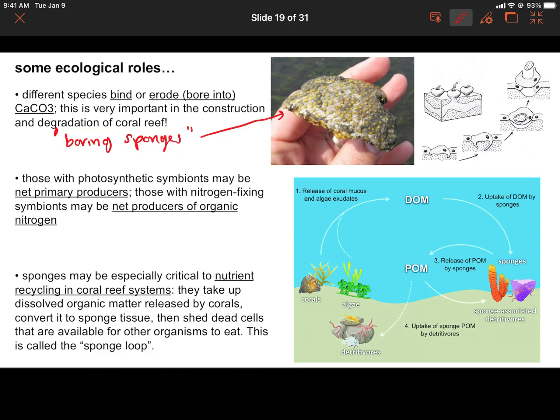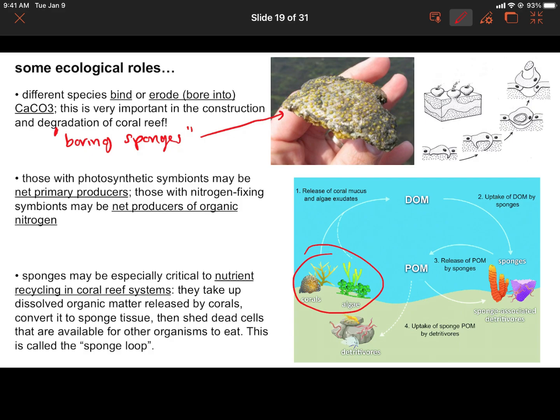So the idea is this. Coral reef systems are bright light, typically speaking, shallow water coral reefs. And so things that are photosynthetic there, corals and algae, produce a lot of photosynthate. In corals, what that often results in is the corals release a ton of mucus into the water. Algae release some photosynthate as well into the water.